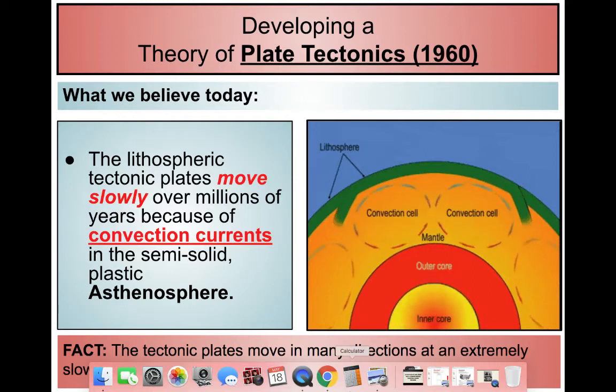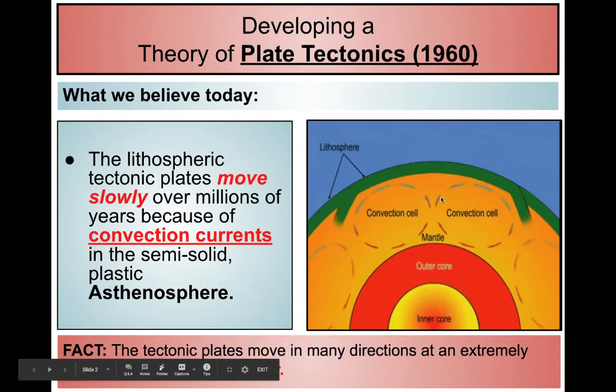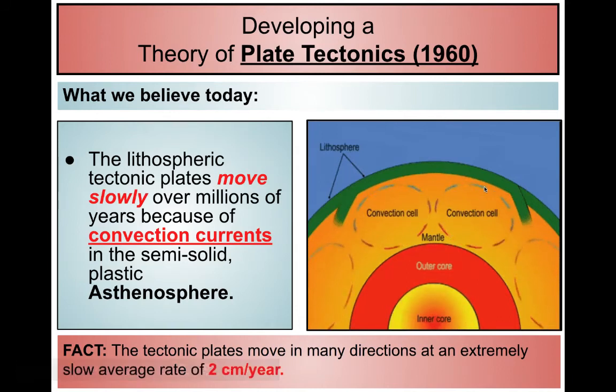Fluids are gases, liquids, and even those semi-solids. So we have warm material rising because it becomes less dense, cooling and sinking because it becomes more dense. So we have these nice convection currents or convection cells all within the semi-solid asthenosphere.